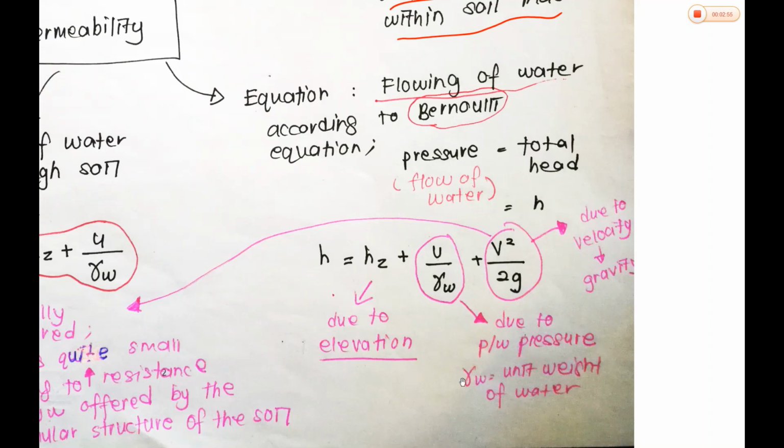Okay, which is gamma W adalah unit weight of water, and then U is the pore water pressure, and then V square over 2G, V due to velocity, which is related with the gravity. So semakin steep slope, semakin cerun air semakin laju, velocity dia semakin tinggi. Tapi bila aliran air daripada kawasan yang landai, so velocity dia agak perlahan. Alright. Okay, so itu maksud Bernoulli equation.